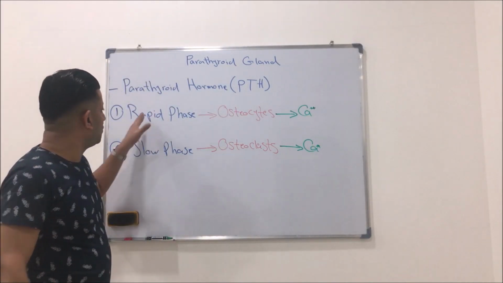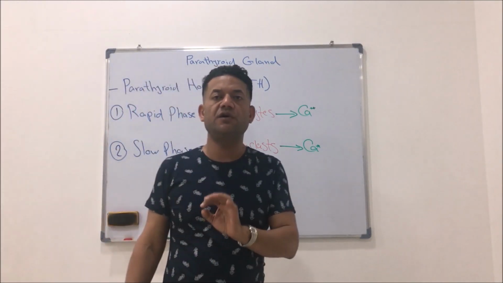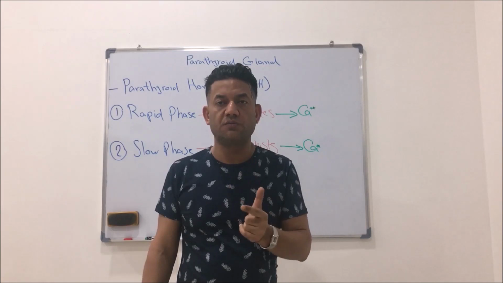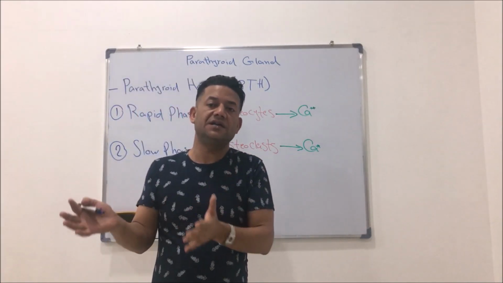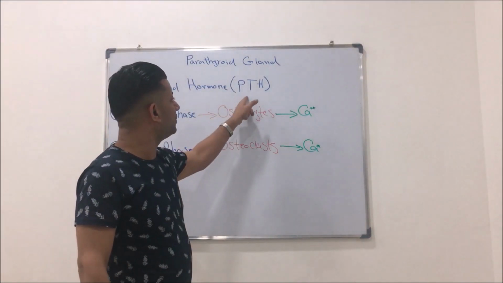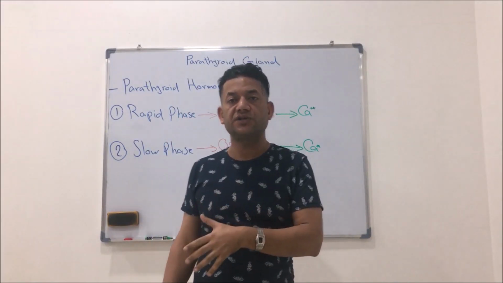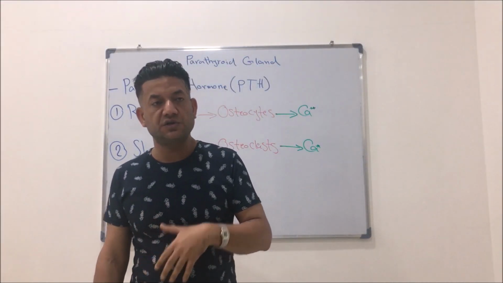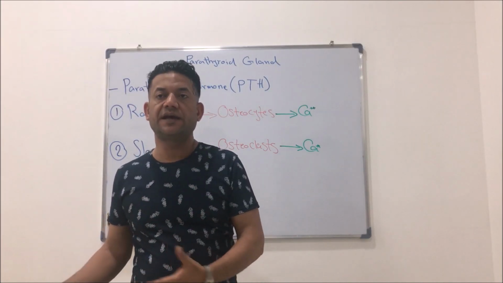Now this was the first important function of the parathyroid hormone, to increase the level of the decreased calcium of the blood. But parathyroid hormone also has another important function or role by which it will cause the mobilization of calcium.